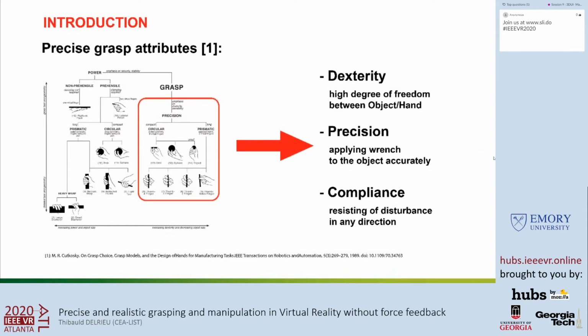But there is also another attribute, which is precision. So the grasp has to apply wrench to the object accurately in any direction. And there is also compliance, which consists of resisting disturbance applied to the object in any direction. So the grasp configuration, for precision tasks, has to provide these three attributes.